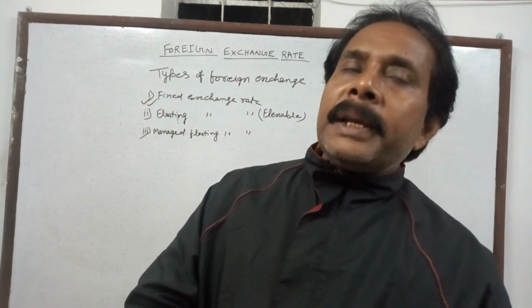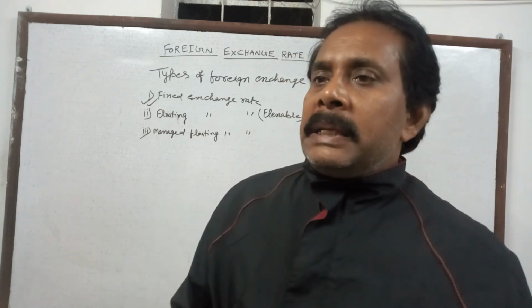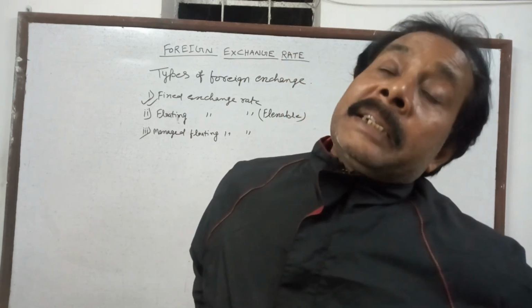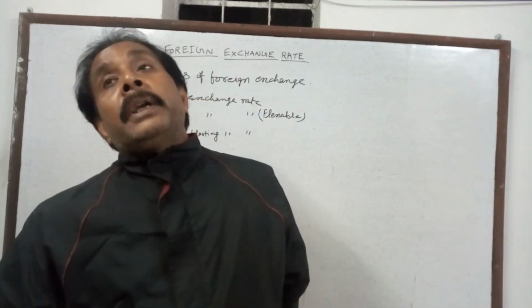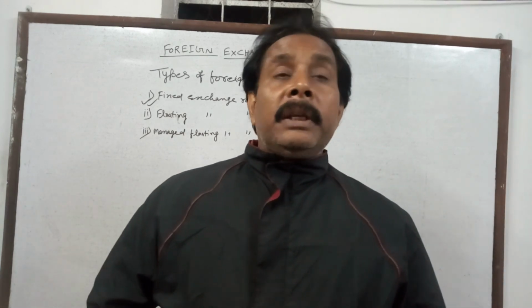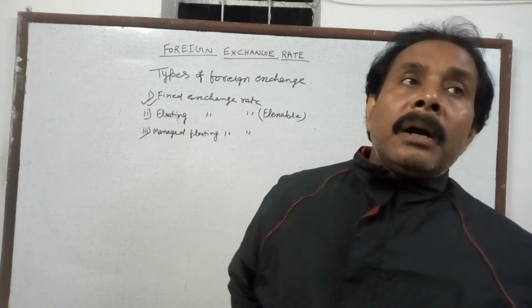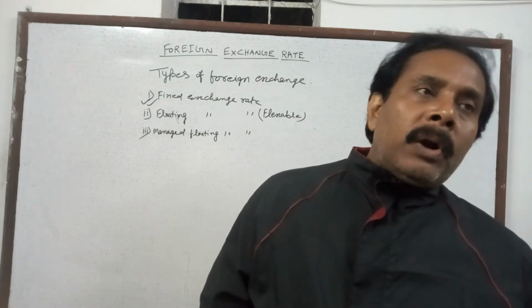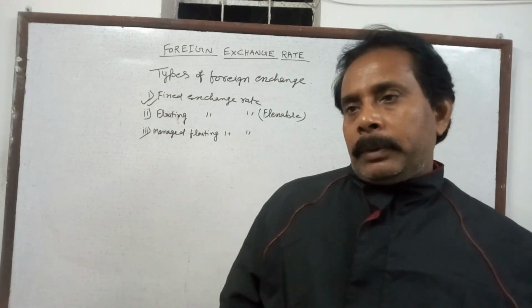In this way this system was developed in the year 1870, and it continued up to 1914. So nearly 34 years this system was applied in the whole world, and that is known as the gold standard system.